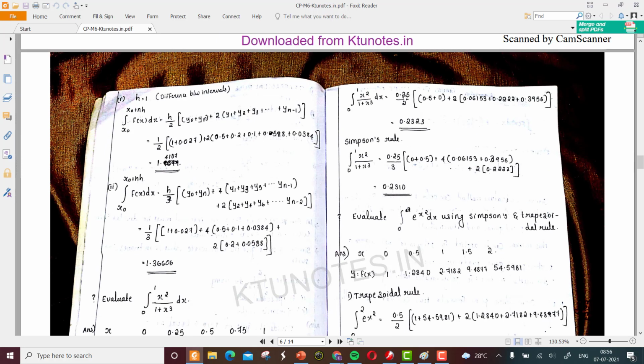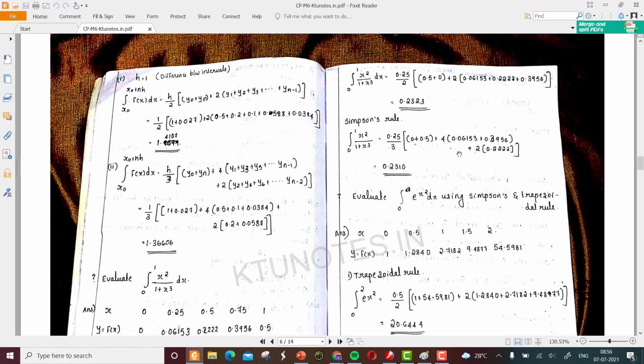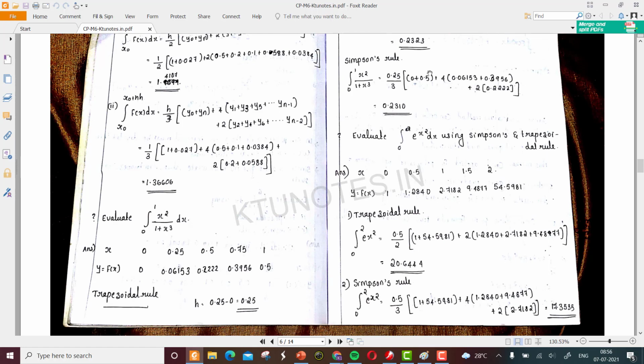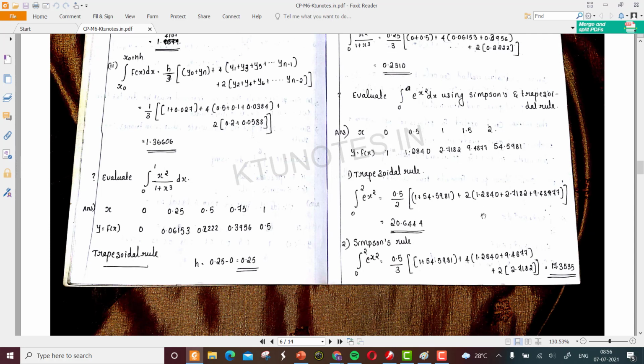Same equation: h by 2 into the function in the case of the trapezoidal rule, and in Simpson's rule we have h by 3 into the function. So that will give you the integration using the trapezoidal and Simpson's rule. Similarly, one more problem is there.